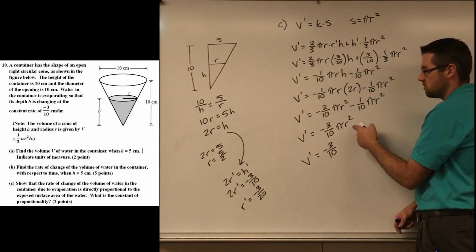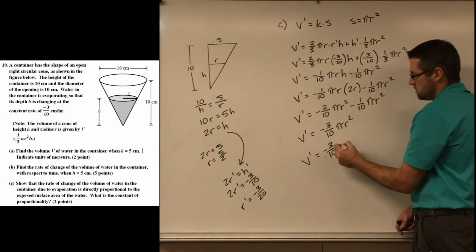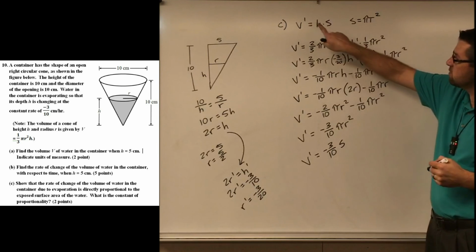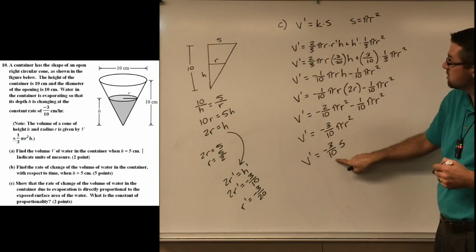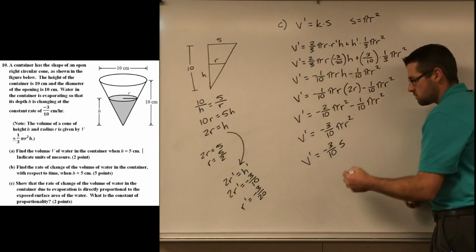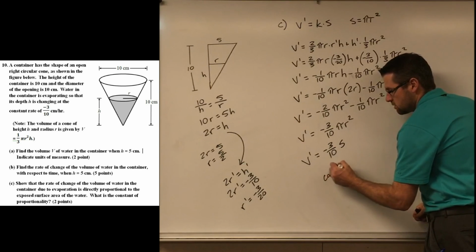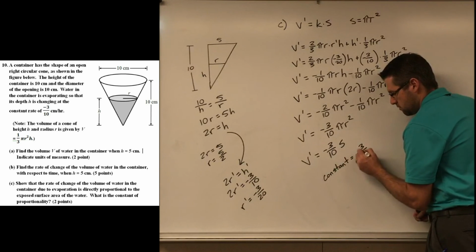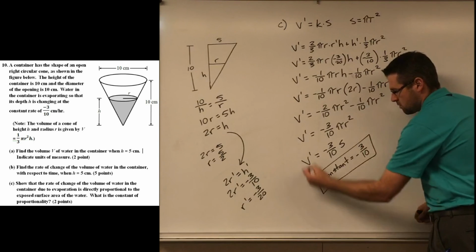What was pi r squared? S. So therefore, V prime is equal to some constant times the surface area. So the constant of proportionality is -3 over 10. Yep. Constant is equal to negative 3 over 10. That's it.